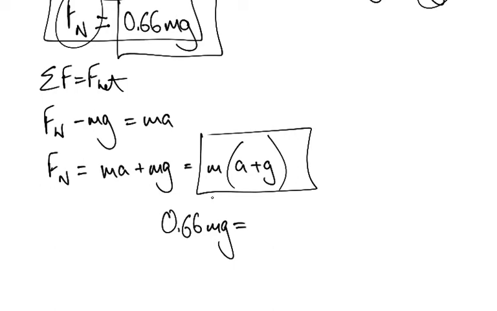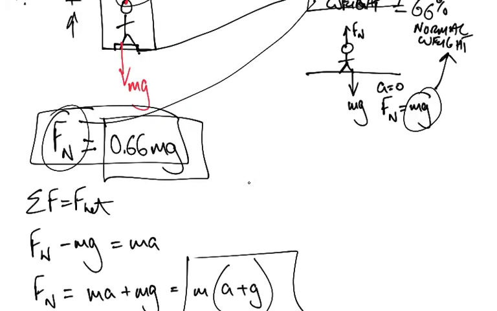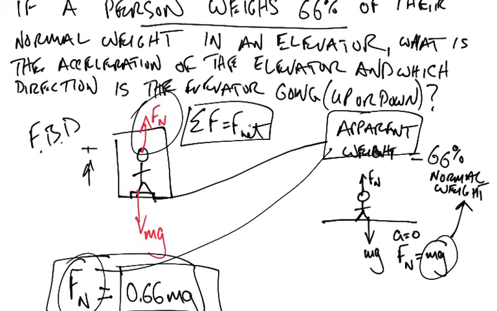Basically we're saying Fn equals Fn, equals m(a plus g), and lo and behold, thankfully, the masses cancel out. Thank goodness, because we weren't given the mass. However, we are trying to figure out what the acceleration is from this question. That's what we're looking for.